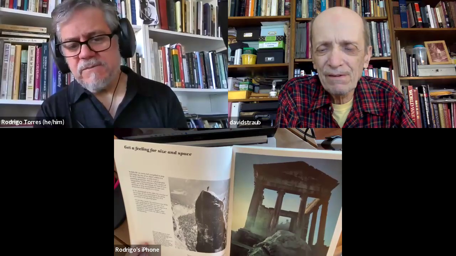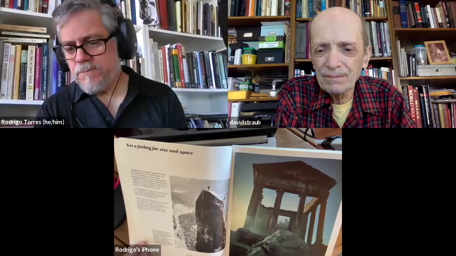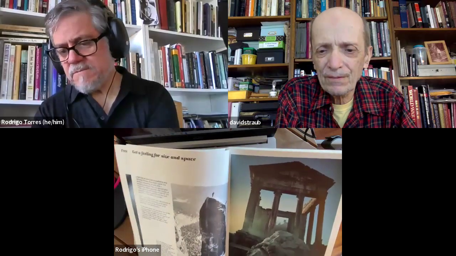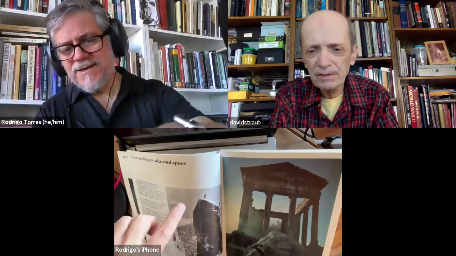And we have two boulder-shaped objects here, this one and this one. On the page, they take up roughly the same space, but with this one you get the sense that it is enormous. And this one, in comparison, looks like a Roman temple.